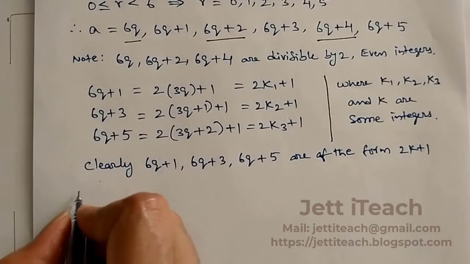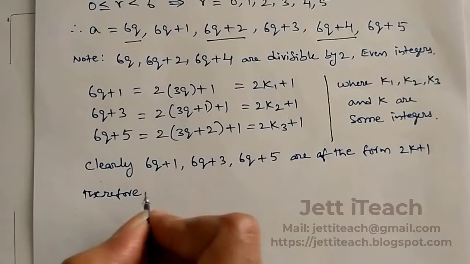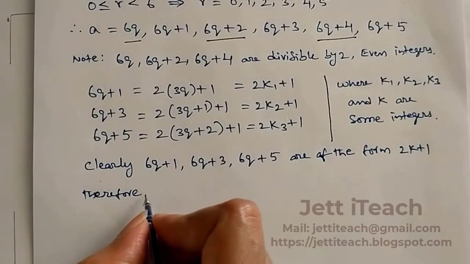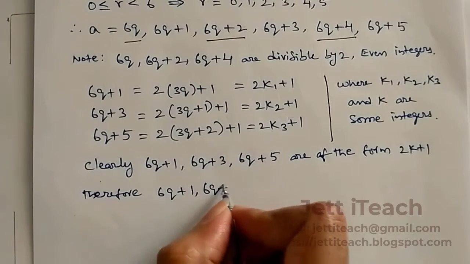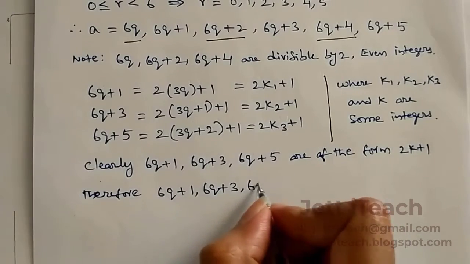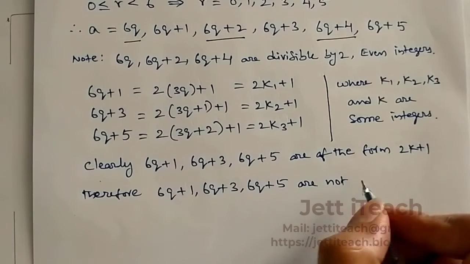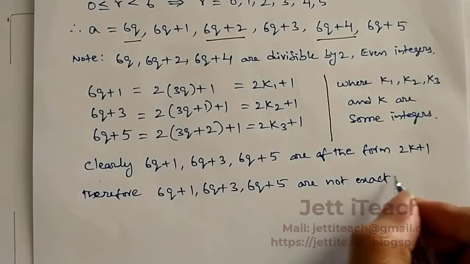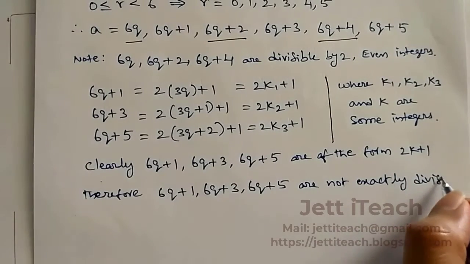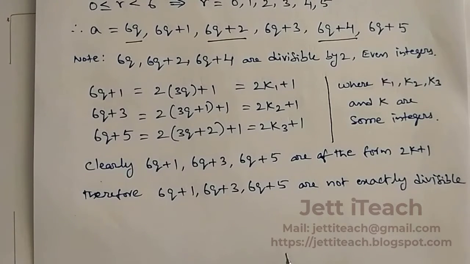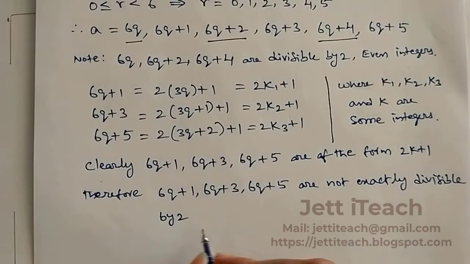Therefore 6q plus 1, 6q plus 3, 6q plus 5 are not exactly divisible by 2.